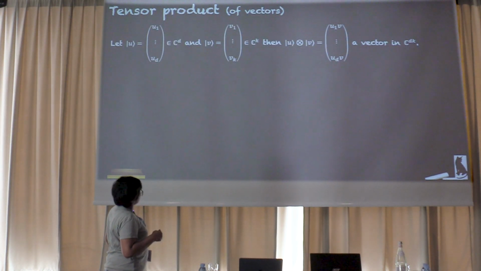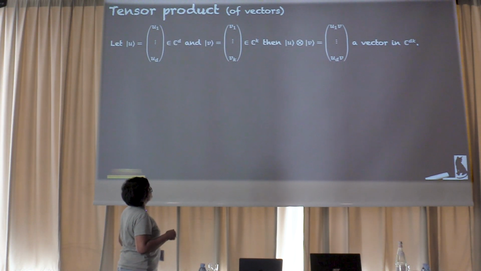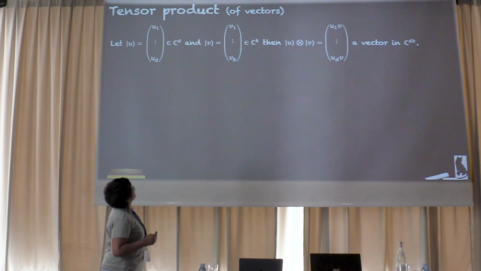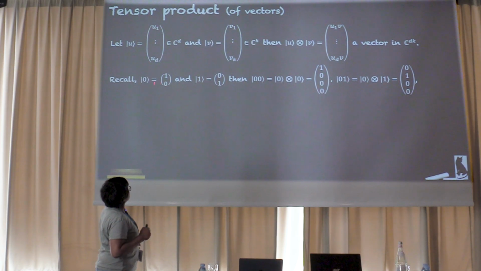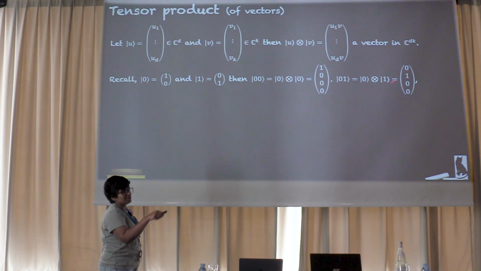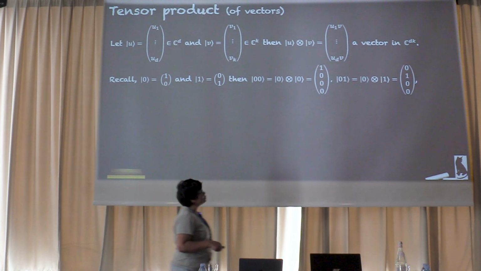Okay, but how do we write those states? Remember, for a single qubit system, I wrote ket 0 as 1, 0, and ket 1 as 0, 1. For a 2-qubit system, the 0, 0 state is nothing but ket 0 tensor ket 0, basically I'm constructing the basis for a 2-qubit system.